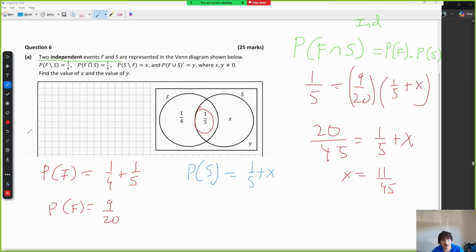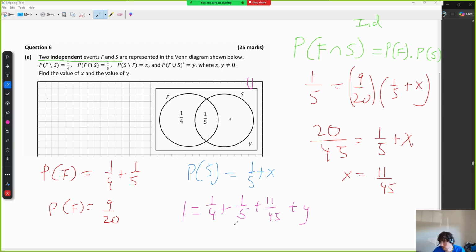Great. So now we can get y pretty simply. The idea is all of those should add up to 1. This is the universal set. They should all add up to 1. So you could say 1 equals this here, which is a quarter, plus the intersection, the fifth, plus the x, plus the y. Now we wouldn't write it as x. We'll write it as what we found it to be, which is 11 over 45.